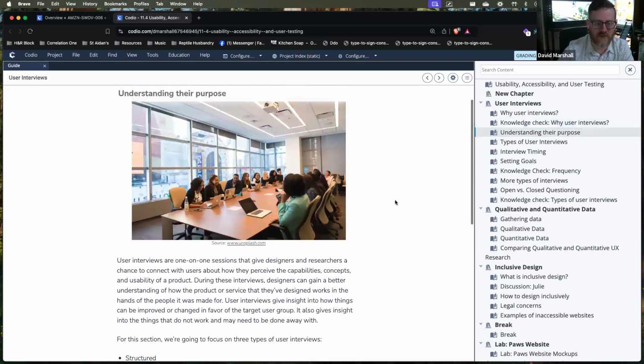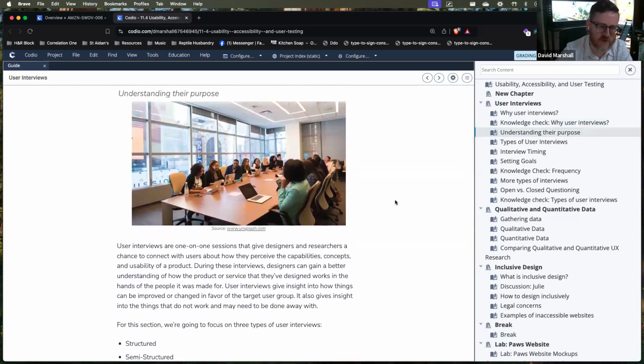So again, thinking through the importance, user interviews are typically one-on-one sessions that help the product team really understand how people perceive the application. There's a certain element where perception is truth. What I mean by that is how people see something is how they perceive it to work or to be implemented or set up.